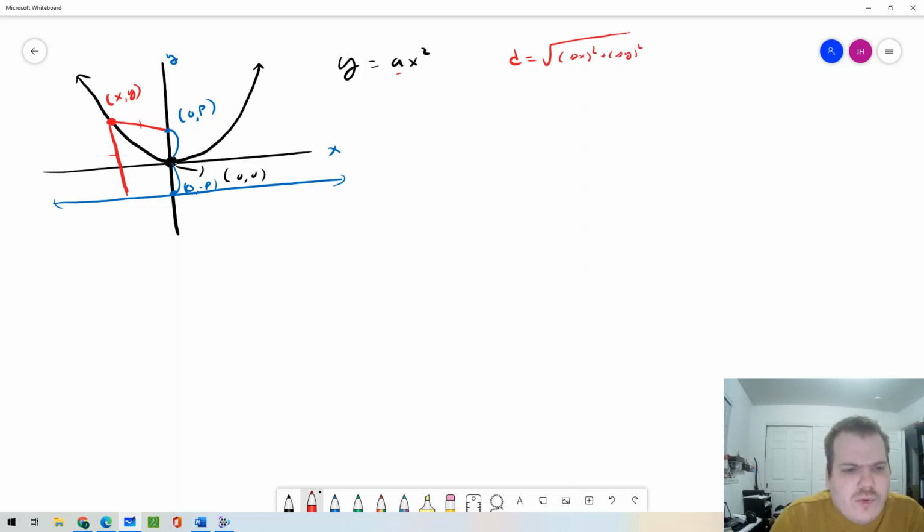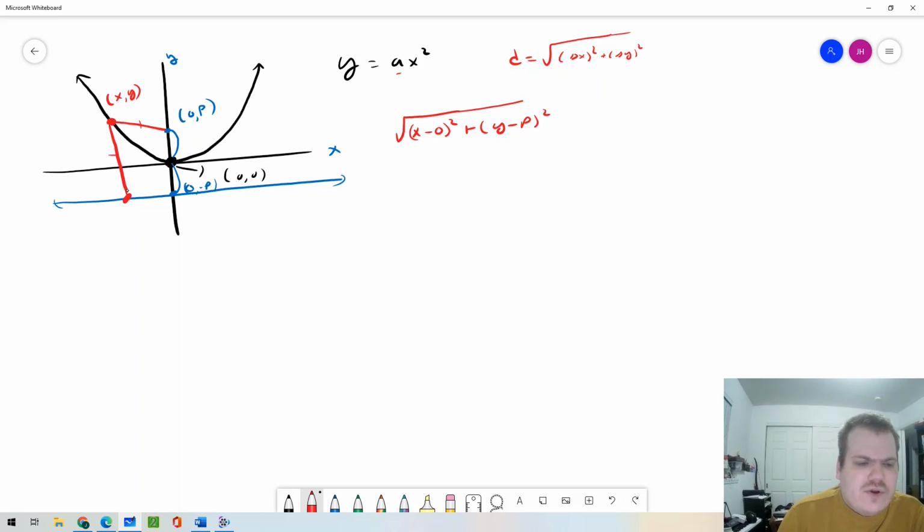So if I'm going from this point to this point, it's going to be the square root of (x minus 0) squared plus (y minus p) squared. That's going to be the distance from here to here. So my first term minus my first term, second term minus my second term. And that's going to be the same distance as the distance from this point to this point.